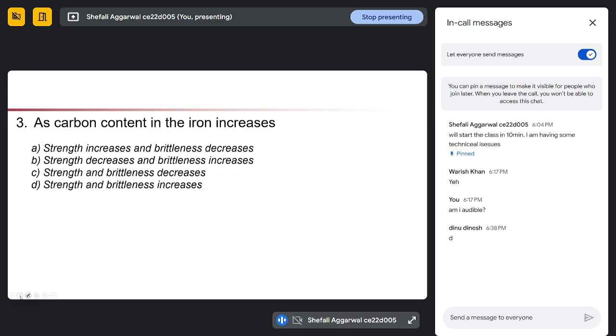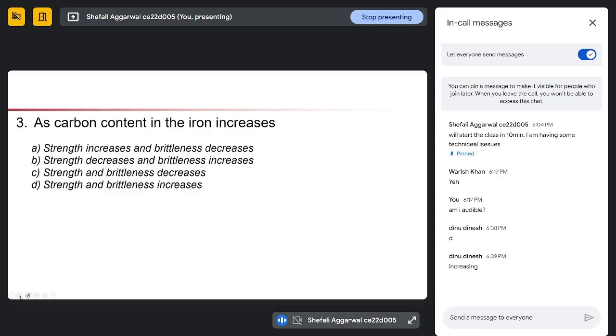We have seen the diagram that tells us only about the strength. In that diagram, was strength increasing or decreasing? We talked about normal iron, then mild steel, then high carbon increasing. Correct. So strength was decreasing.